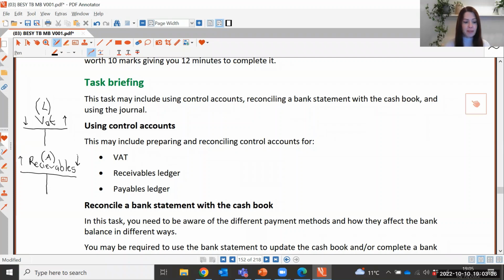And then we also have the payables ledger. Remember, the payables ledger is the subsidiary ledger that contains a list of all our payables, or all the company's credit suppliers. The totals from the payables ledger are entered into the payables ledger control account.